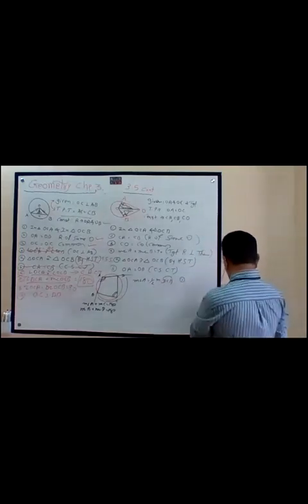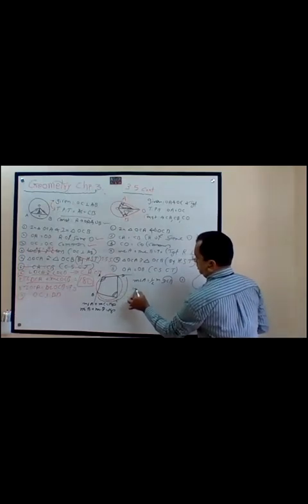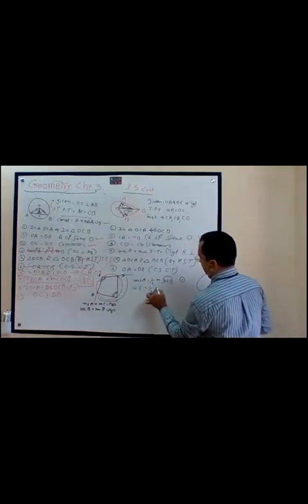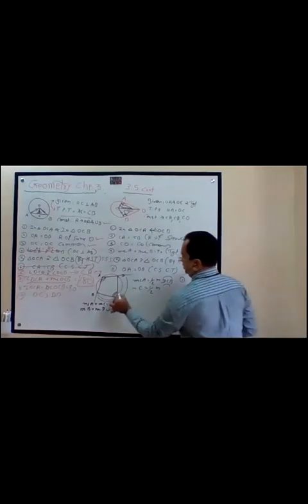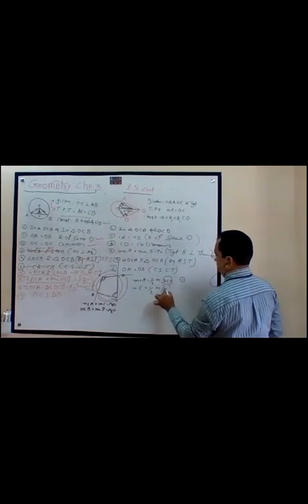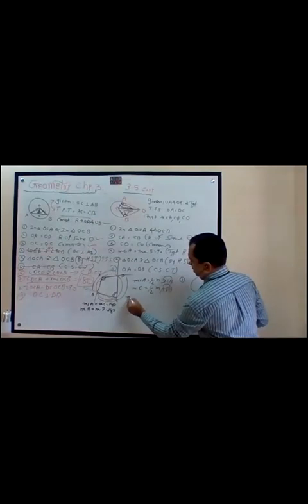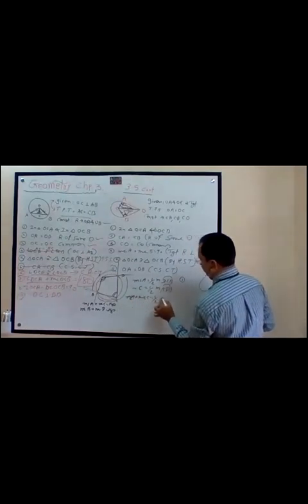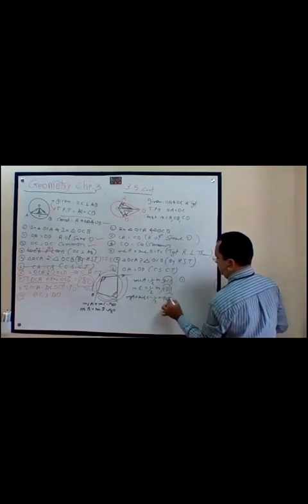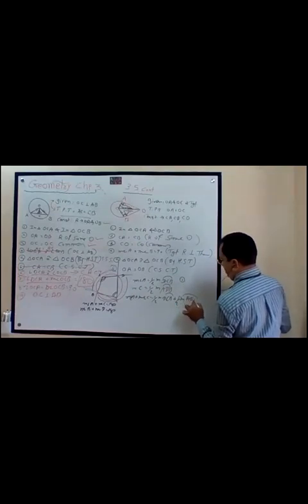Measure of angle C is half of arc ADB. Then measure of angle A plus measure of angle C is equal to half major arc DCB plus half major arc ADB.